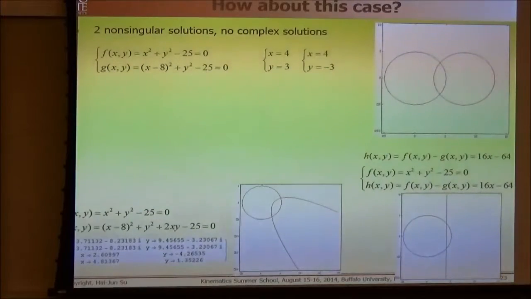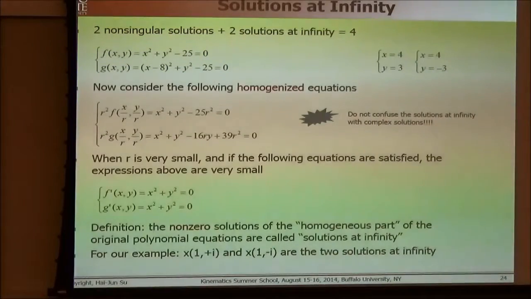The total degree of the system actually changes from 4 to 2. So you can see that sometimes the total degree gives you a misleading concept.